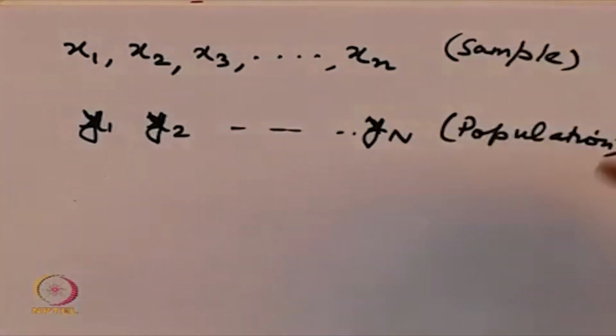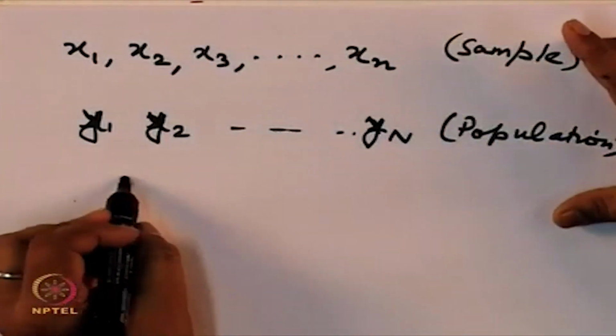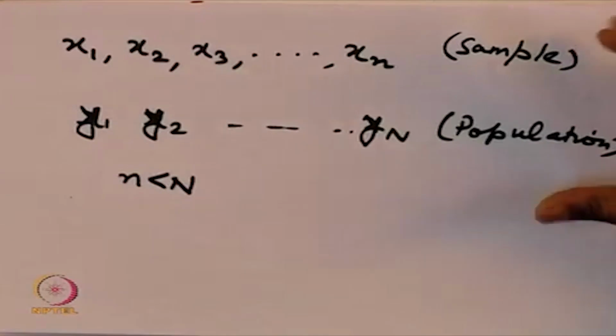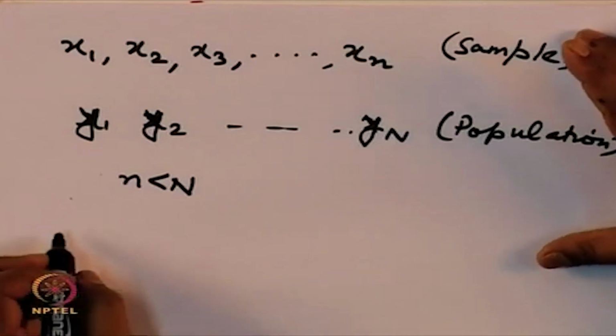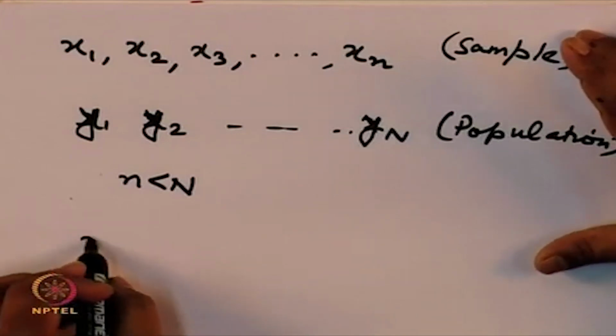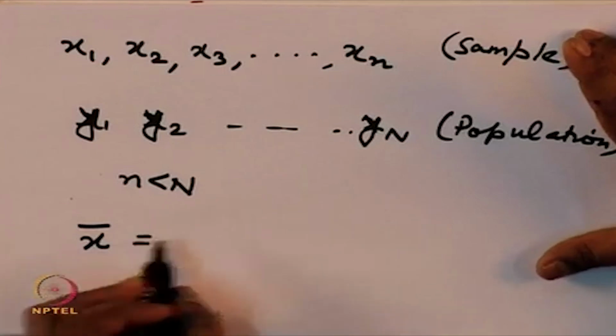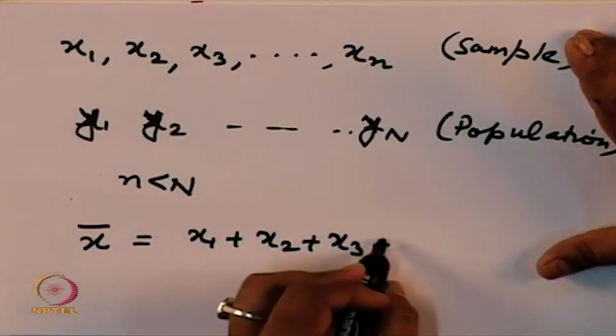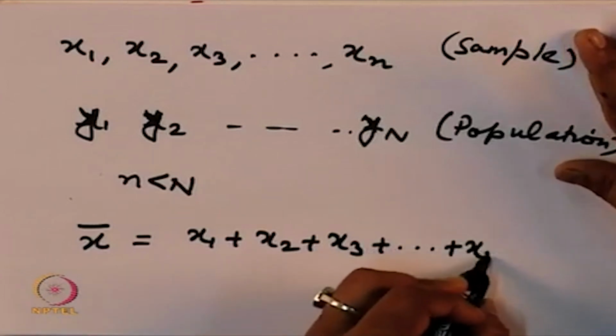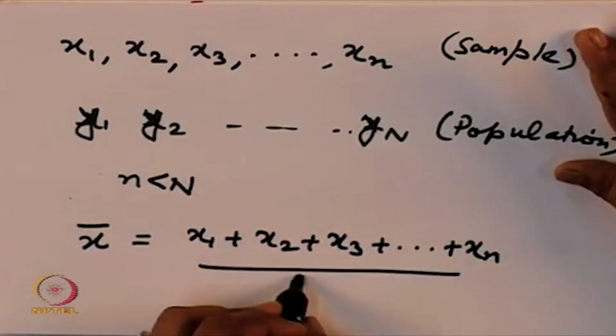So, essentially you have derived a sample of small n, which is less than capital N, and we want to know what is the arithmetic average. Okay. As most of you are perhaps aware, the sample mean is defined by this variable called x bar, which is nothing but x1 plus x2 plus x3 plus up to xn divided by the number of observations, which is n.